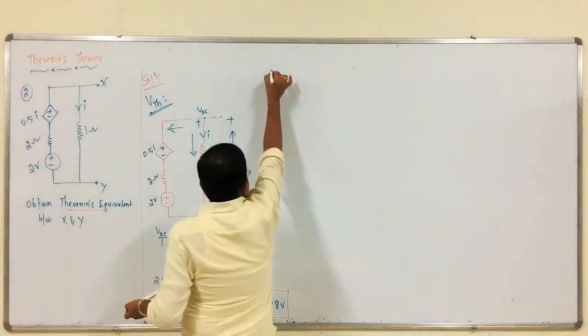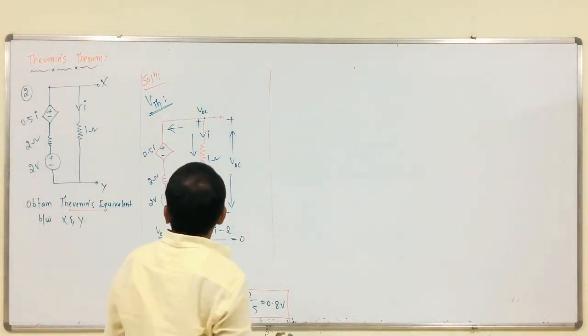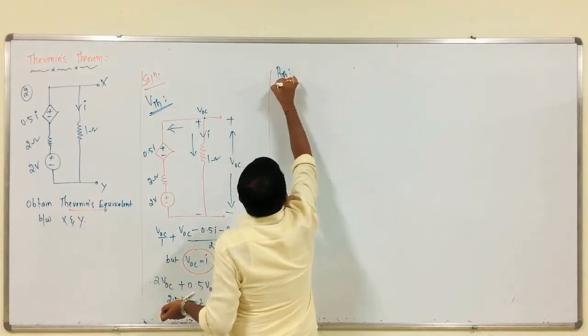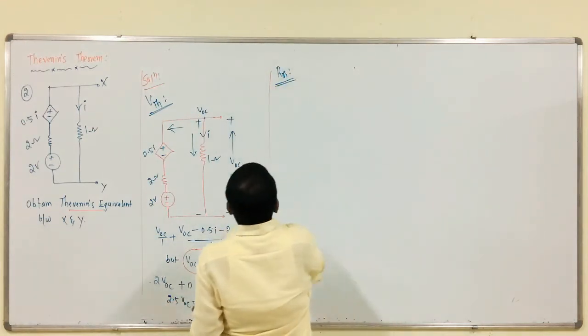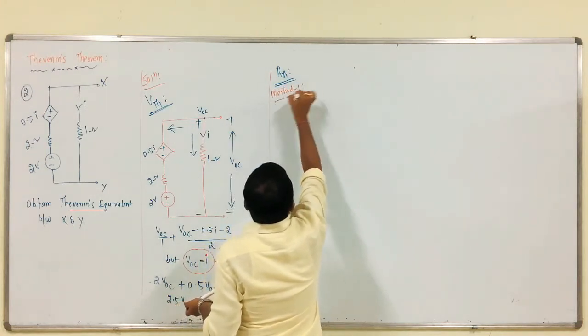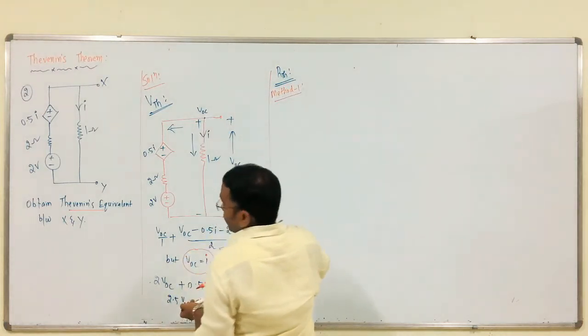So, next RTH we have to calculate, right? RTH. First, method 1. Method 1, the circuit is what?